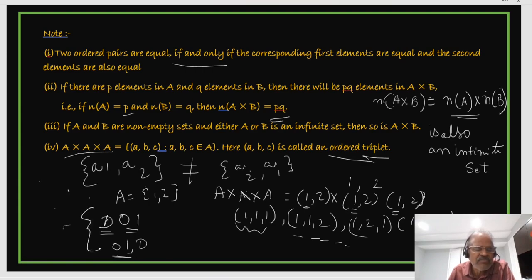This is a practical example where you can see the importance of the ordered pair. This is important. Okay. Next, now we'll see what is the notation of the relation.